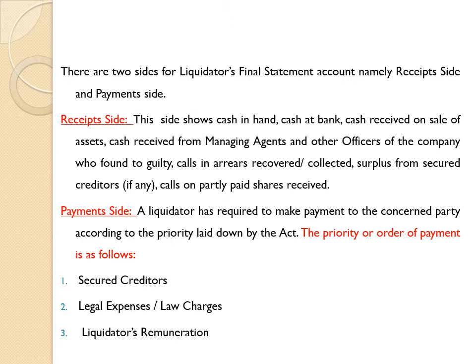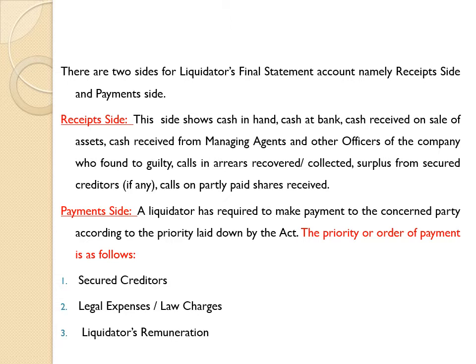Generally, secured creditors are not directly mentioned on the payment side. Automatically it is adjusted on the receipt side, because secured creditors are the creditors who are secured on property. It means when a property is given as security and then creditors provide an amount to the company, that is why they are called secured creditors.